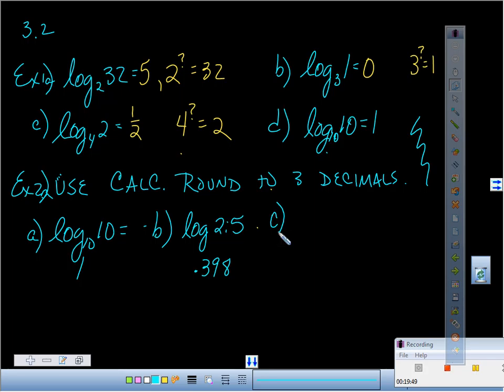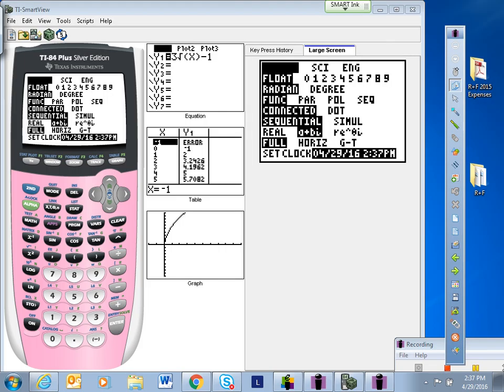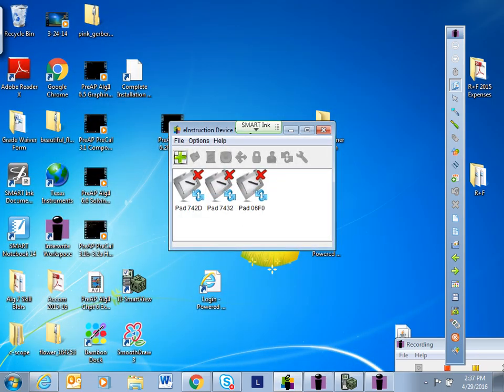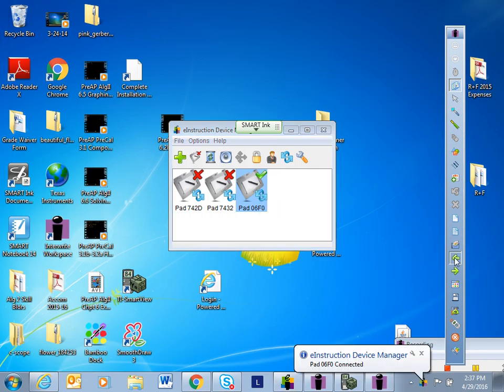Hey, press the mouse button and see if it disconnected. Yep, it disconnected. Okay, thanks, John. All right.